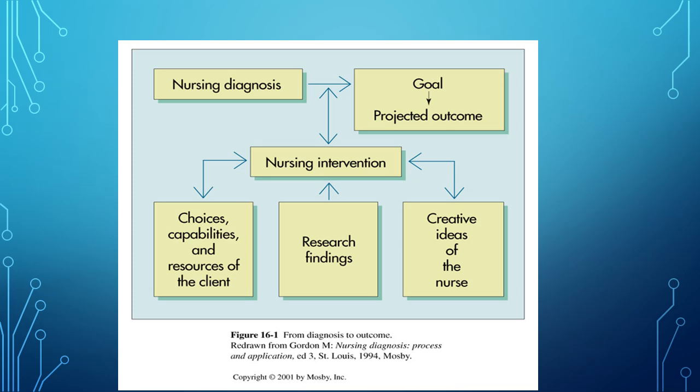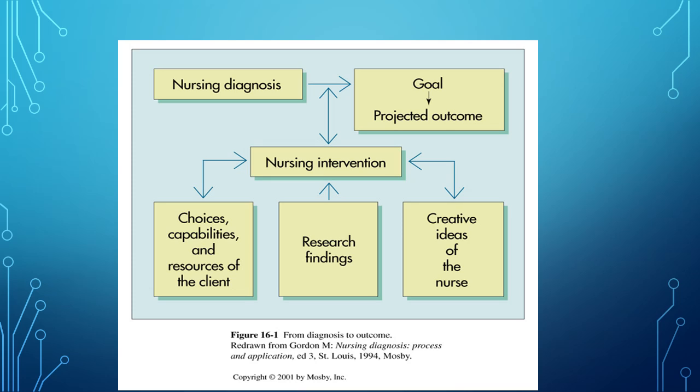As you are writing goals, some of the things to consider with regard to goal writing is what is reasonable for your individual patient. And additionally, you can certainly use your creativity. That can come into play when planning your nursing interventions.